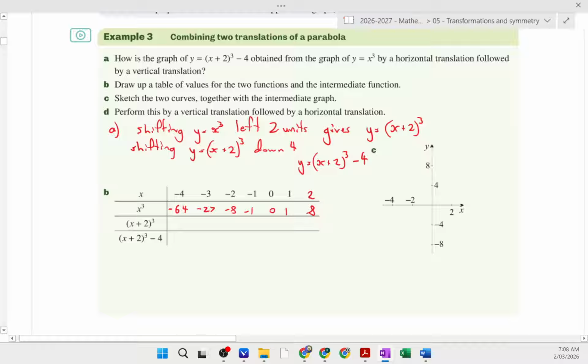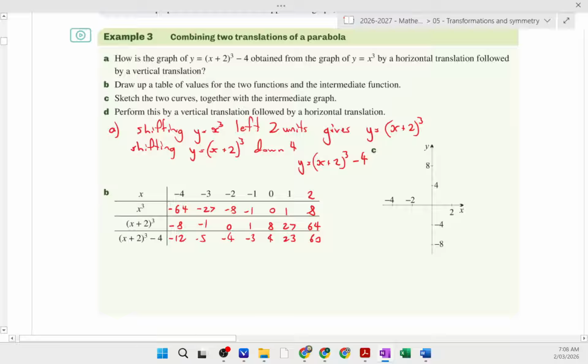For x plus 2 all cubed, we add 2, then cube it: minus 8, minus 1, 0, 1, 8, 27, and 64. And then the one with the final translation with the minus 4 as well: minus 12, minus 5, minus 4, minus 3, 4, 23, and 60. So that's what it looks like.